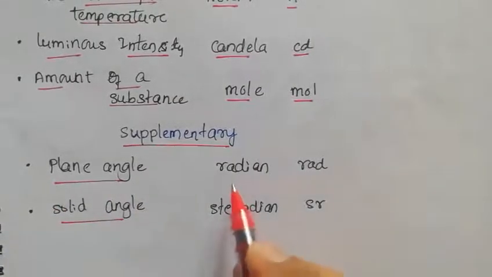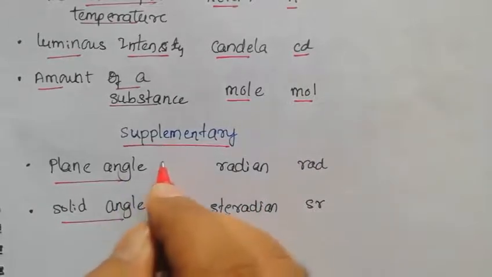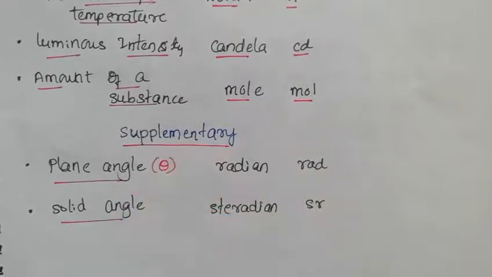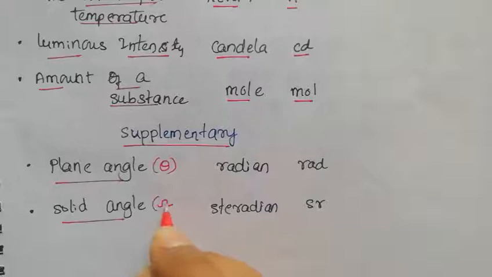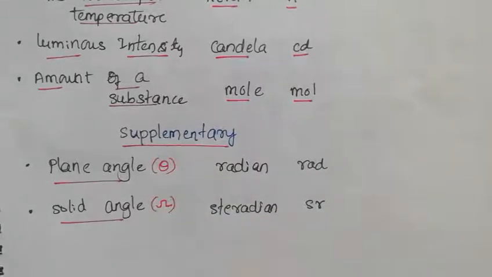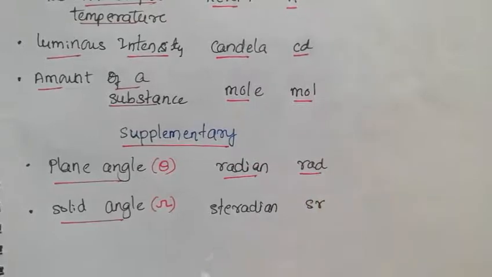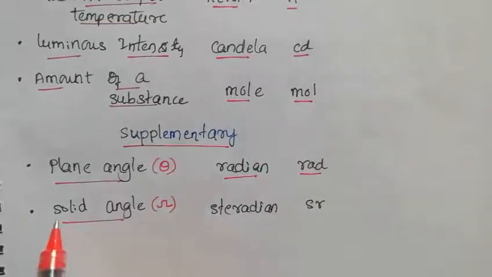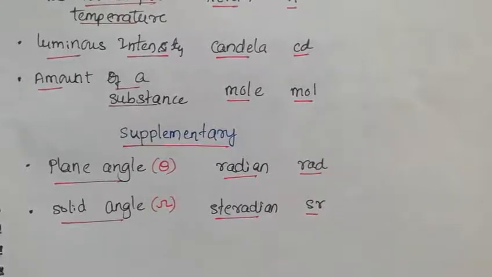Plane angle is represented using theta, and solid angle we represent using omega. Its unit is radian, symbolically rad. The unit of solid angle is steradian, we write sr. Let us understand these two things a little more.